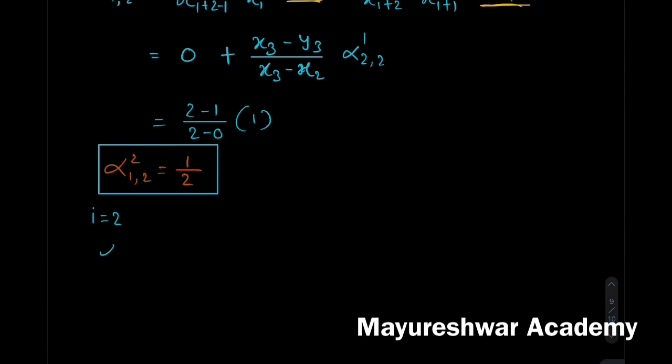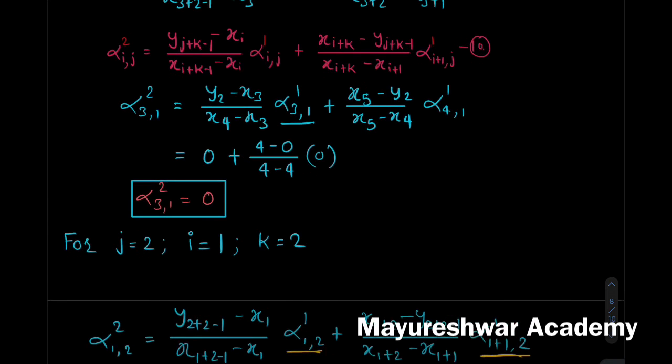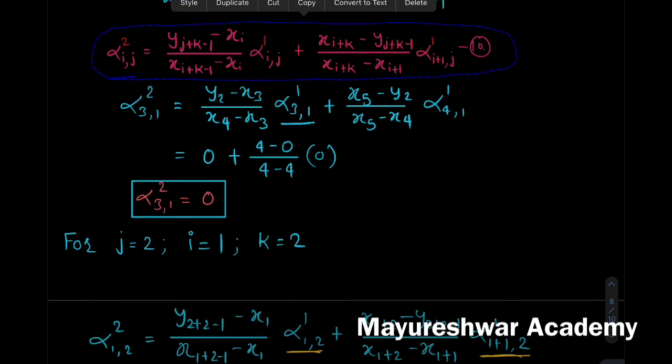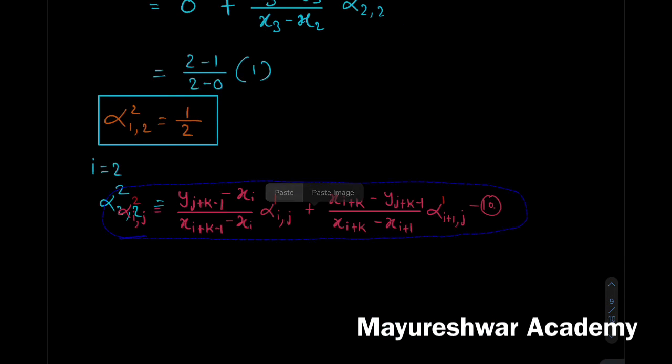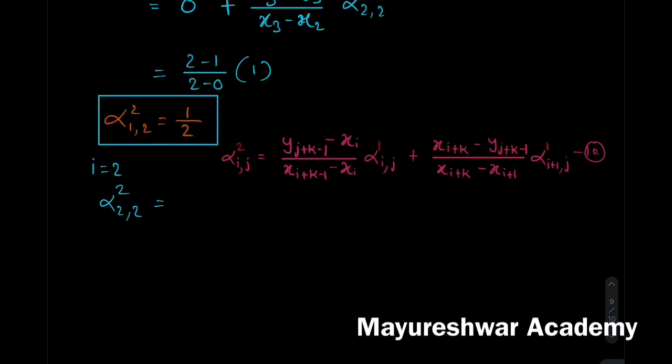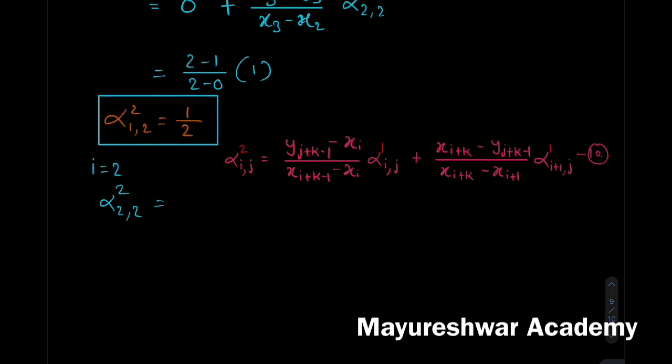Okay, now for i is equal to 2 again, for 2 comma 2. Okay, let us substitute these terms. Y is going to be, okay, paste it here, so that it will be easy.